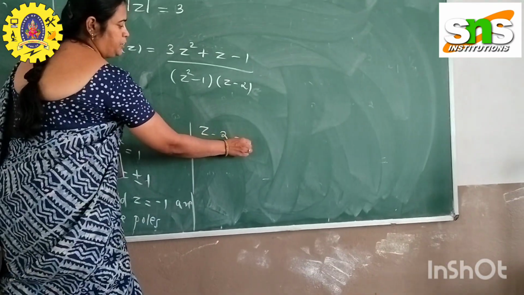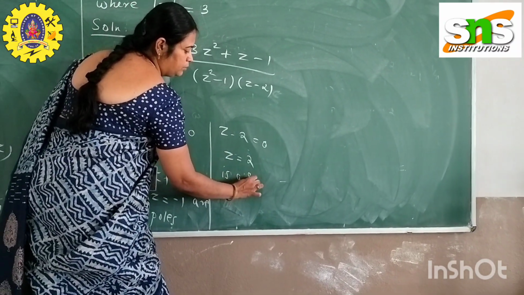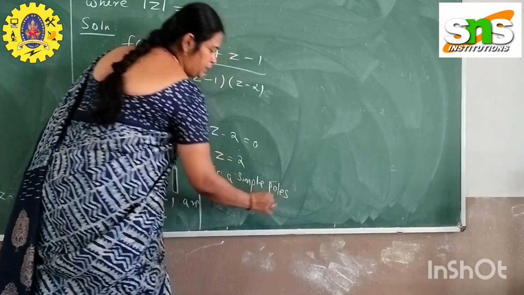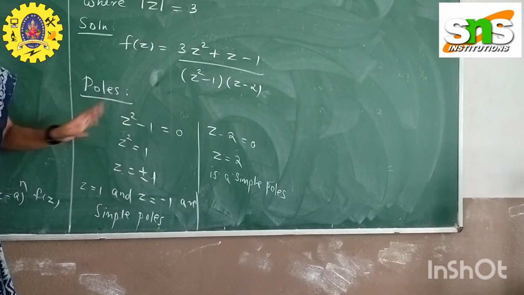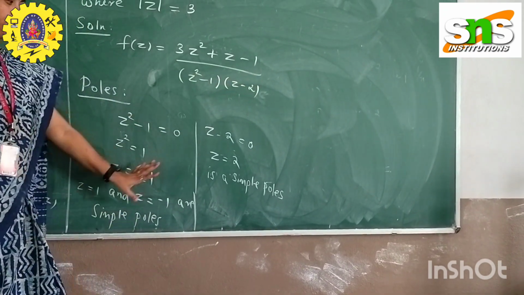Similarly, z minus 2 equal to 0 means z equal to 2, which is also a simple pole. So totally we have 3 poles: 1, minus 1 and 2. All are simple poles because we don't have any square or cube.